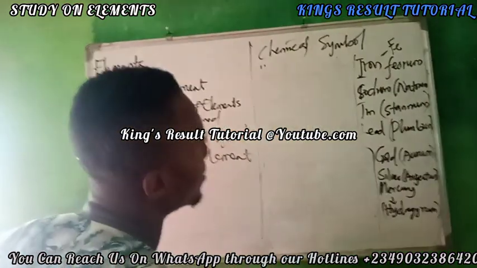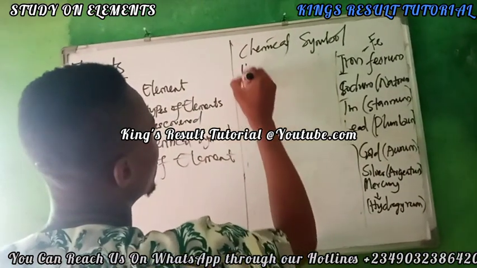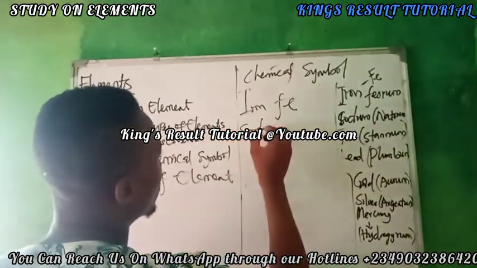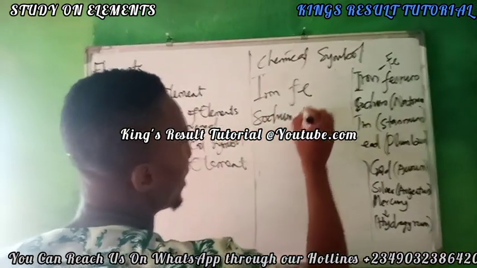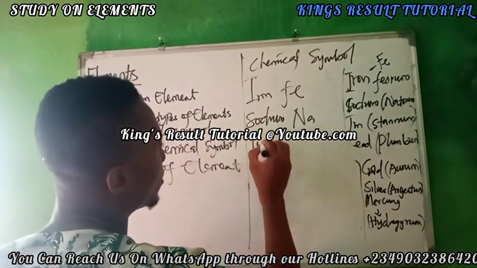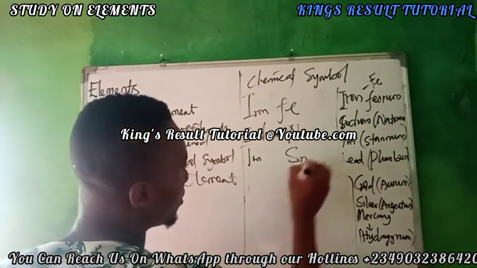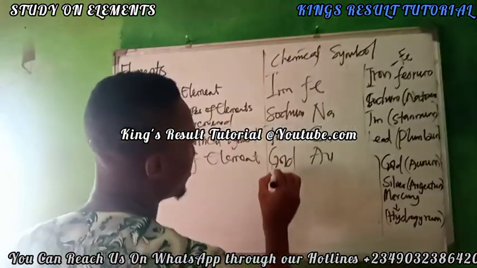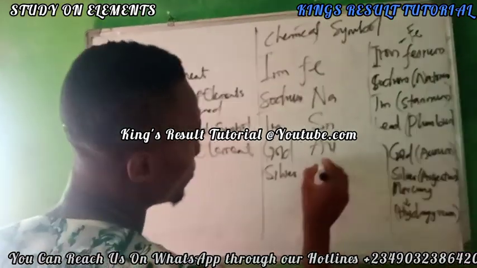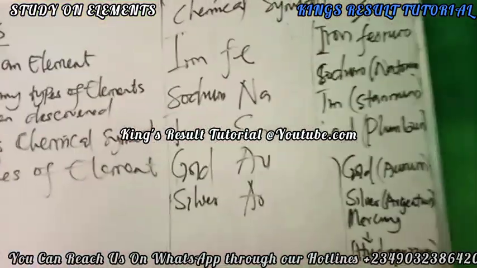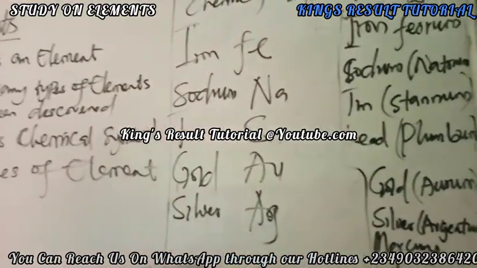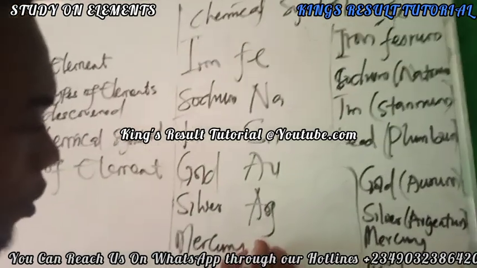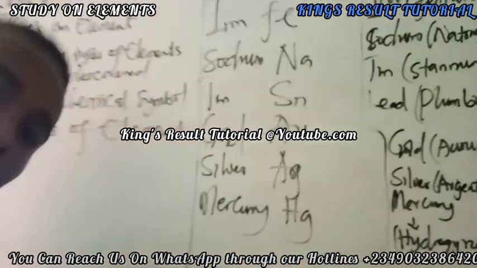Okay, so we have that for iron, the abbreviation is Fe, then sodium, which is natrium, is Na, then tin, which is stannum, is Sn, then gold, which is aurum, is Au, then silver, which is argentum, is Ag, then we have mercury, which is hydrargyrum, which is Hg.